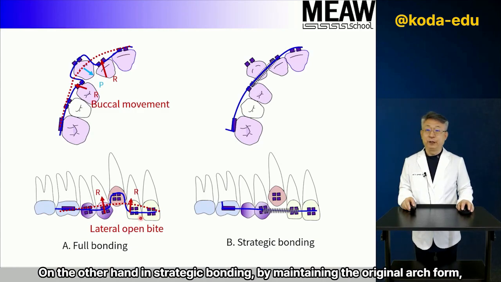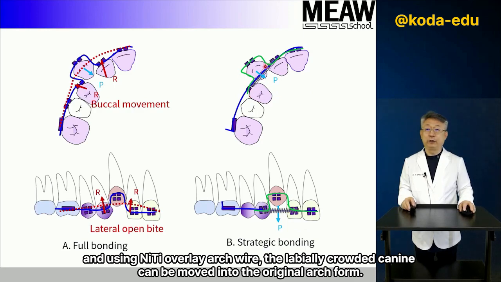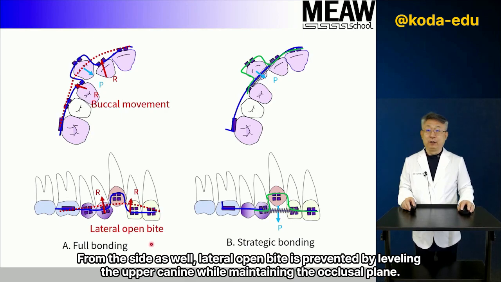On the other hand, in strategic bonding, by maintaining the original arch form and using nickel-titanium overlay archwire, the labially crowded canine can be moved into the original arch form. From the side as well, lateral open bite is prevented by leveling the upper canine while maintaining the occlusal plane.